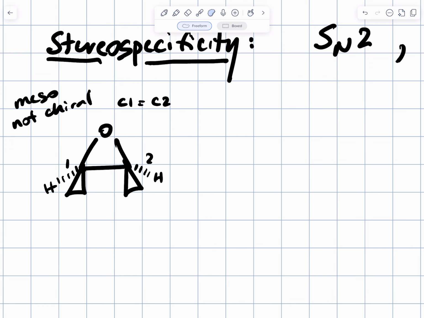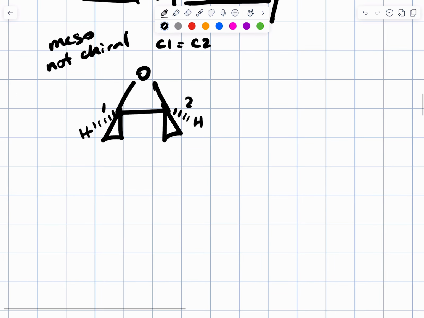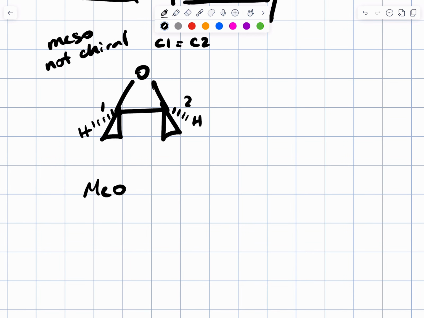Now, we're going to use a strong nucleophile. We'll use MeO-. Now, on a problem set that might be drawn as NaOMe with methanol as the solvent, but you have to realize that sodium is simply the counter ion and that MeO- is a strong nucleophile.